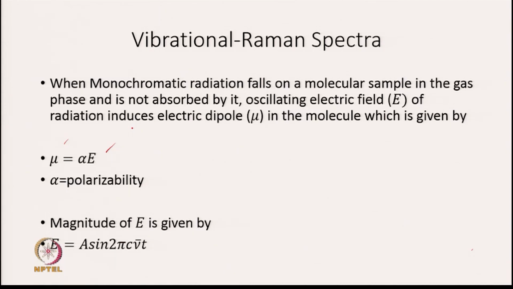Generally, the oscillating electric field is given by this equation, E equal to A sin 2 pi c nu bar t, where c is the velocity of light and nu bar is the wave number.